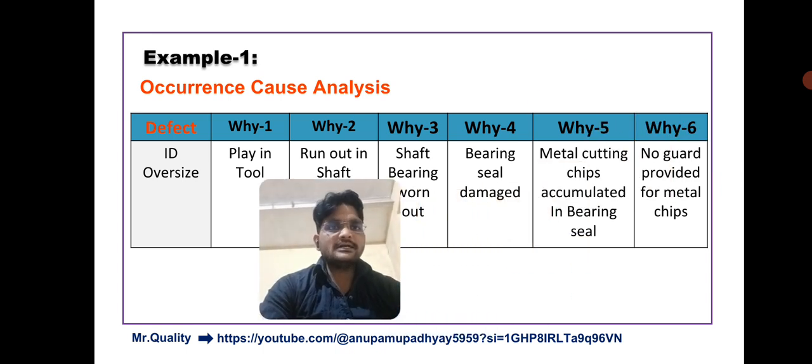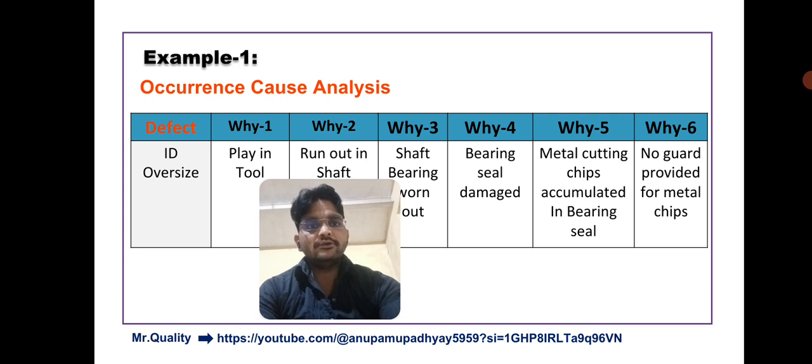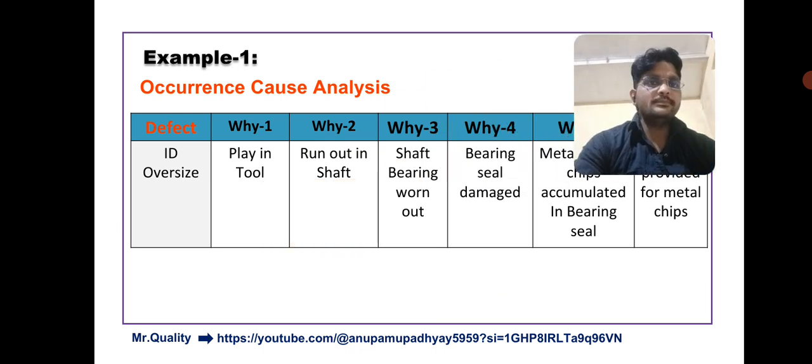of occurrence cause analysis. First is ID oversize. First why is play in tool, and second why is run out in shaft. And the answer of the second why is shaft bearing worn out. Means first why is play in tool. Why play in tool? Because of the run out in shaft. And why run out in shaft?